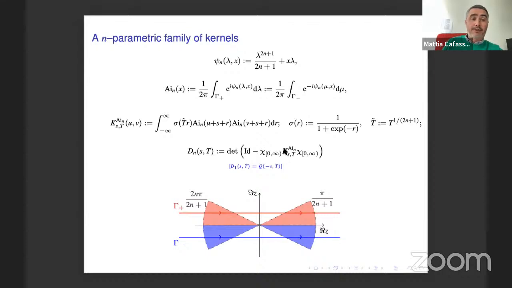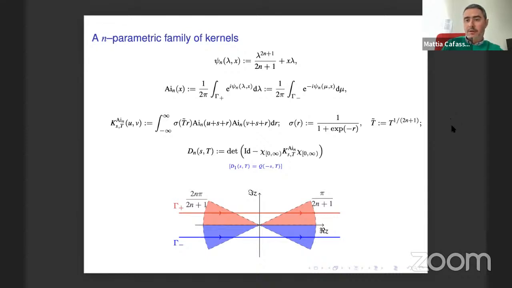I'm sorry that I had to change the notation. It's just because in one approach one notation is more convenient, and in the other approach the other one is more convenient. But just to fix the idea, if you take D1 s t in this setting, this is the same thing as Q minus s t that we studied before. But now we have more general D n.